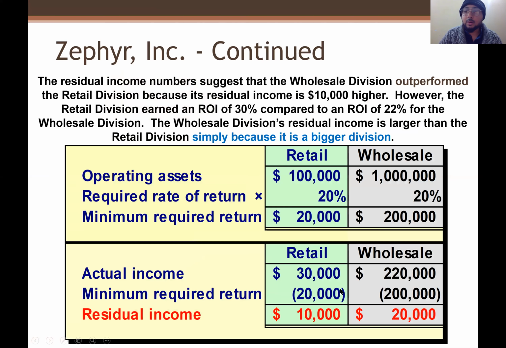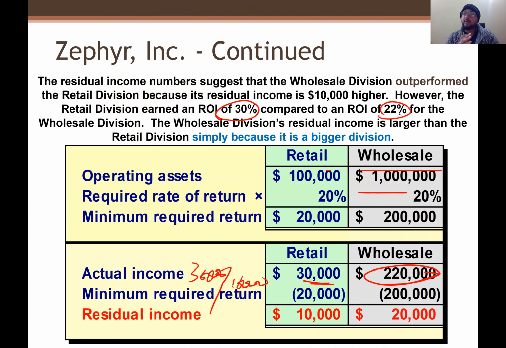Now if we base our argument on ROI, which is net operating income divided by the assets, in that case 30,000 divided by 100,000 is 30%. While for wholesale, net operating income of 220,000 divided by the average assets of 1 million is 22%.